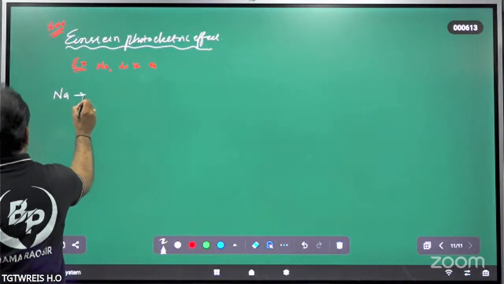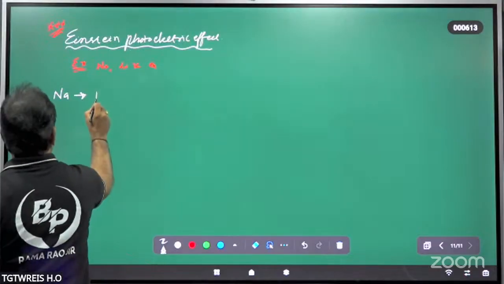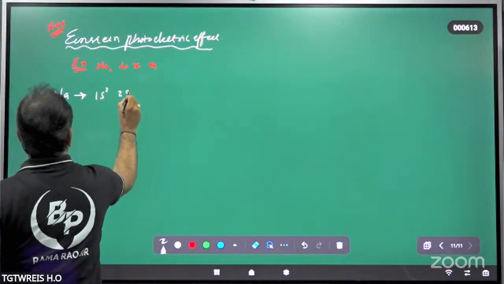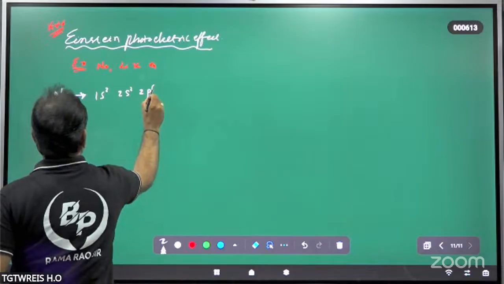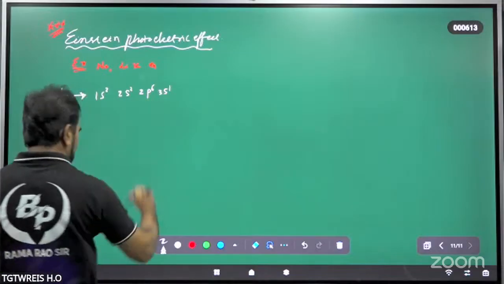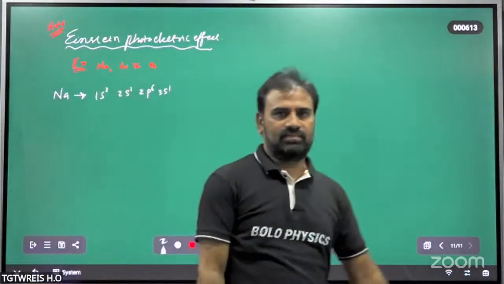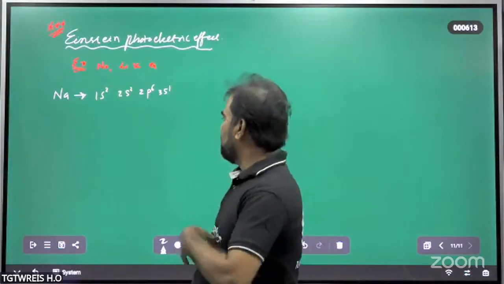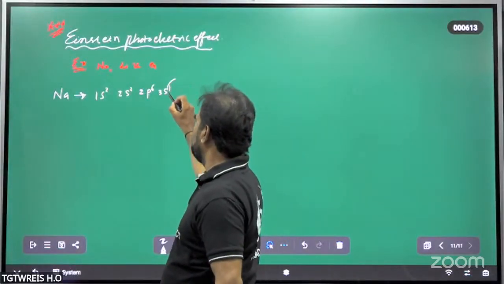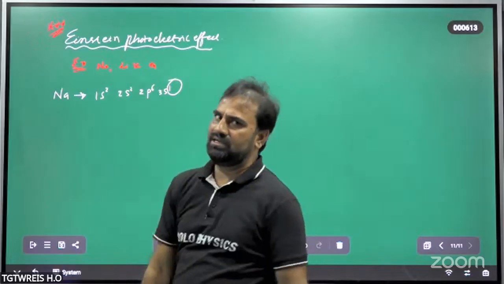The electronic configuration of sodium is 1s2, 2s2, 2p6, and 3s1. So the outermost orbit of sodium has only a single electron. 3s1 means a single electron only.